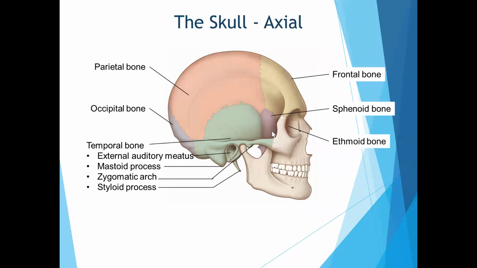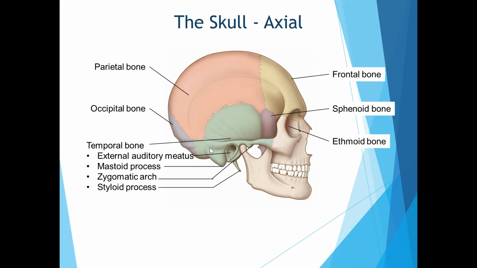Your sphenoid bone, we'll talk about that here in a couple of slides when we see our top-down view. I don't need you to know that super well. The ethmoid bone, super tiny bone. Don't worry about that one too much. All right, your parietal bones, you have a right and a left parietal bone, pretty large bone in the skull, and it makes up a majority of the side of your skull and some of the top.